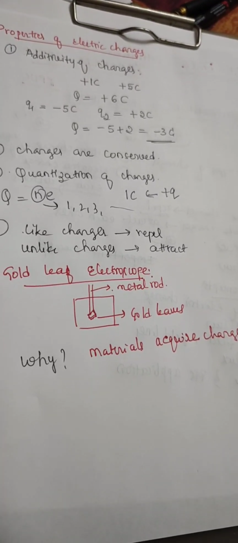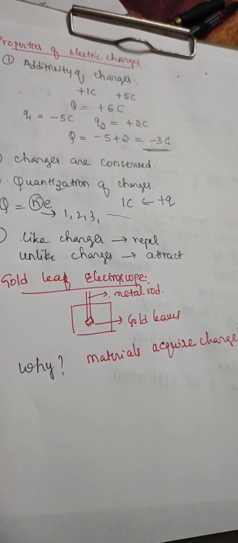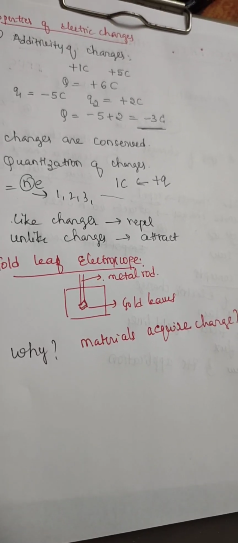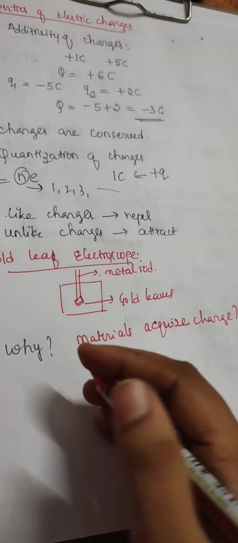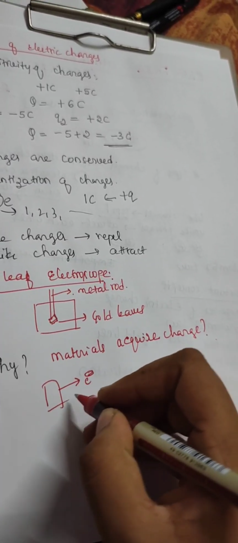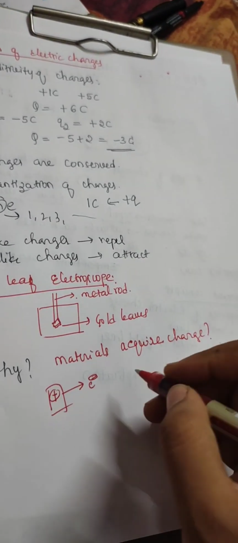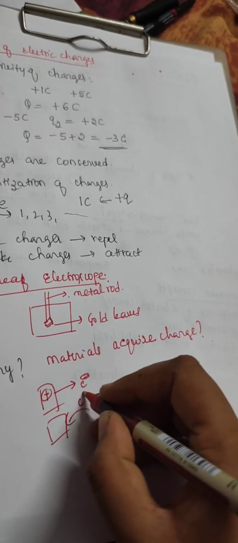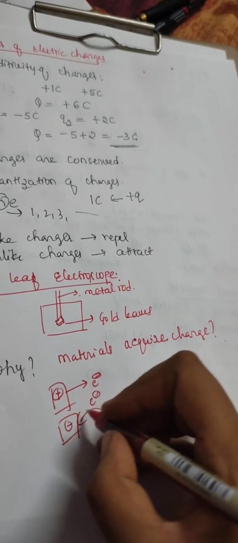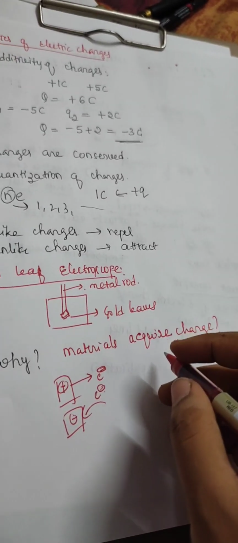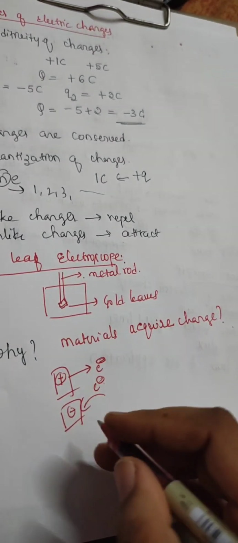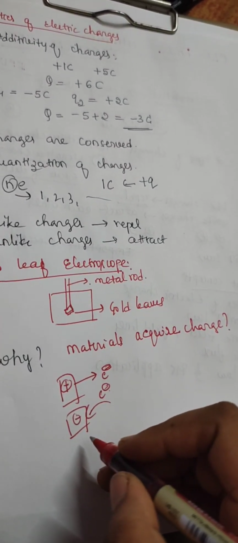When we rub one material with another, if there is a loss of electrons from the material, this material acquires a positive charge. If there is a gaining of electrons in the process, then there are more negative charges on the material, so it will acquire a negative charge. So loss of electrons makes the object positively charged, and gaining of electrons makes the object negatively charged.